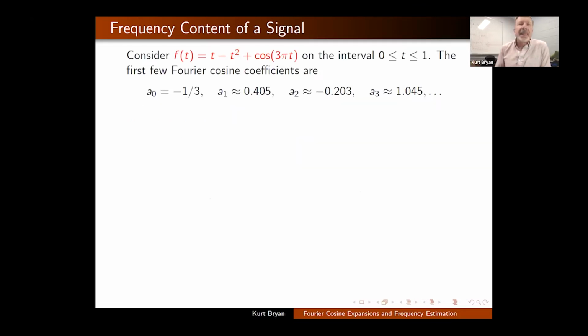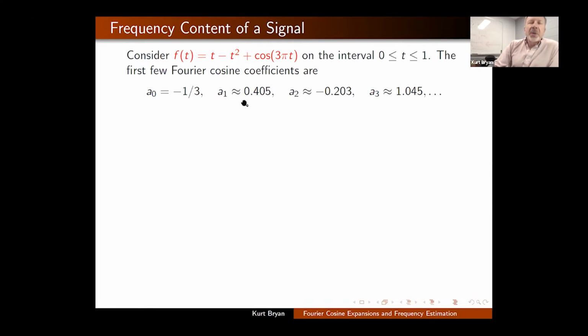So to illustrate, in red there at the top is some other random function I made up living on the interval from 0 to 1. And I compute the first few Fourier cosine coefficients of this thing. And I want to point out A0 is the 0 hertz contribution in the Fourier cosine series. That's the constant term.